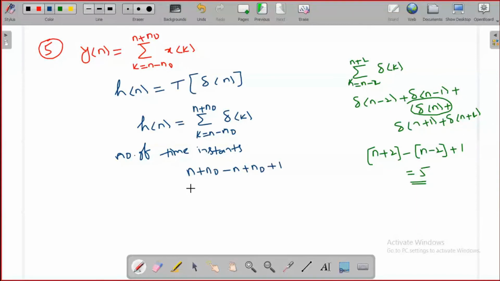So the value is 2n naught plus 1. So the sum of the magnitude of h of n is simply 2n naught plus 1.